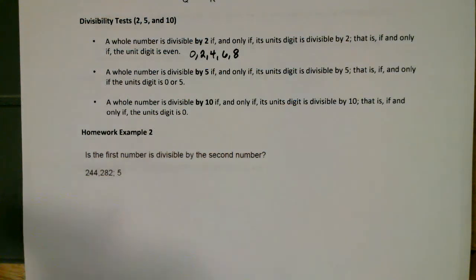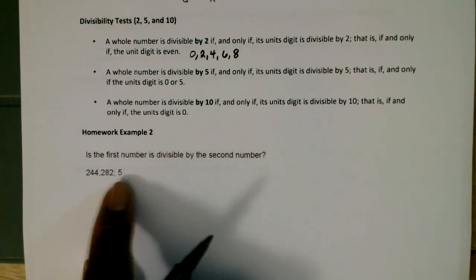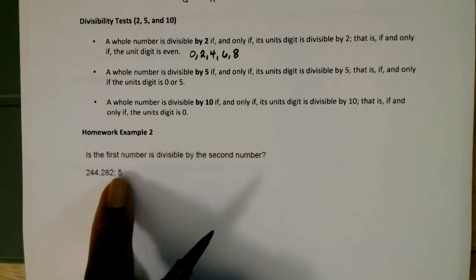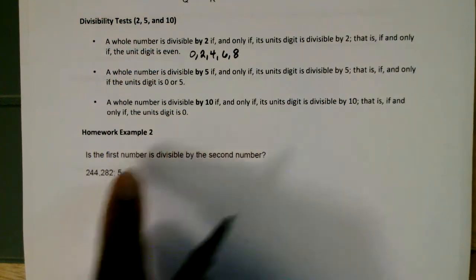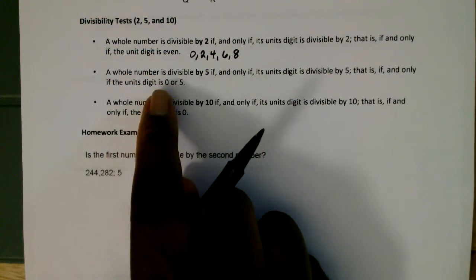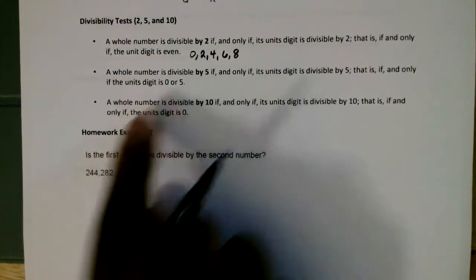Okay, so now let's look at this homework example. Is the first number divisible by the second number? Is 244,282 divisible by 5? Well, let's look at the rule for divisibility by 5. The last digit must be a 0 or a 5.